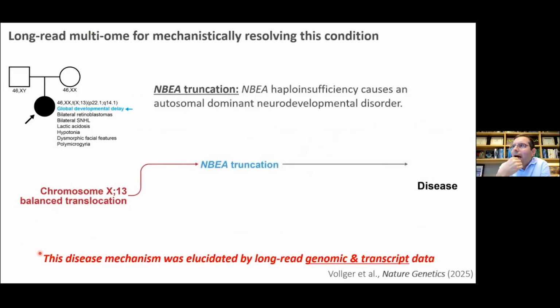At the genetic level, what we saw is that this particular variant disrupted the gene NBEA, and using the transcript sequencing, we were able to show that this results in a truncated NBEA protein and not nonsense-mediated decay.